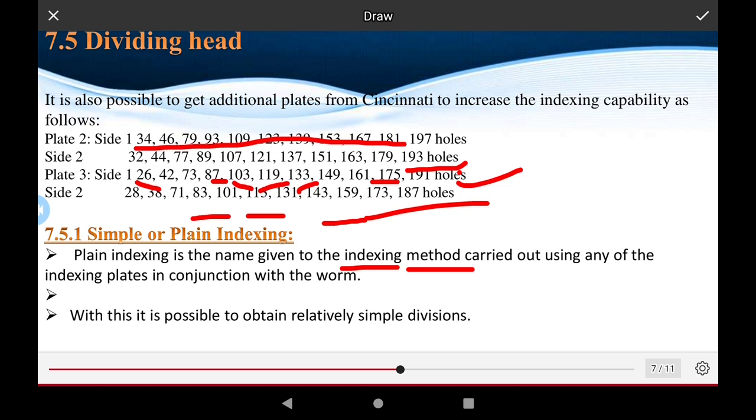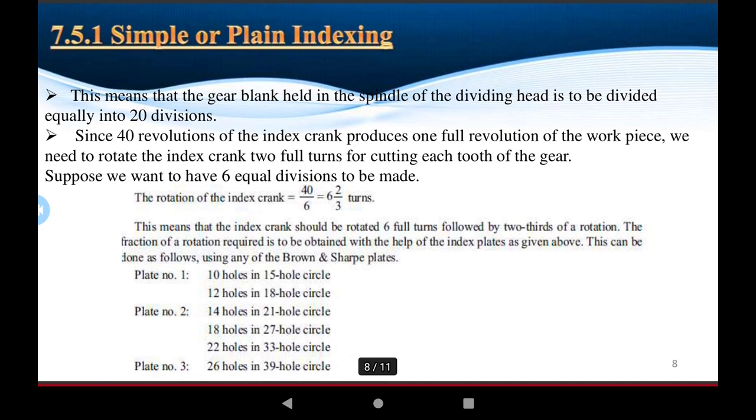Okay, the milling cutter operation is performed on some of the other holding operations or machines. Okay, this means that the gear blank held in the spindle of the dividing head is to be divided into equal divisions.